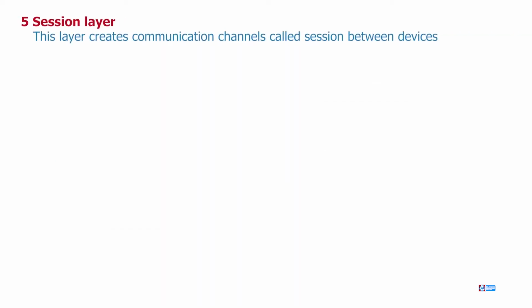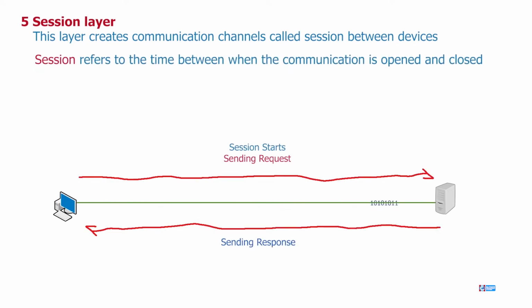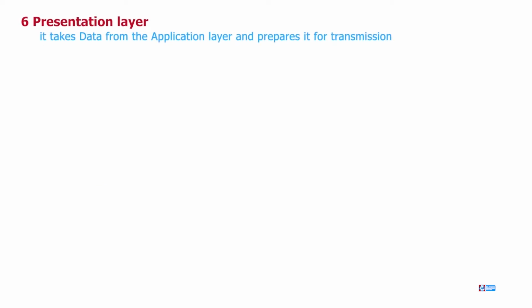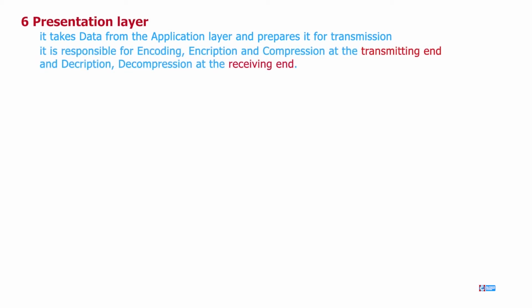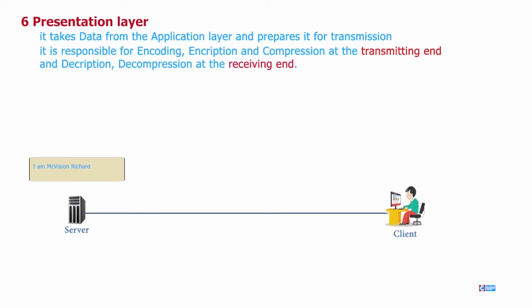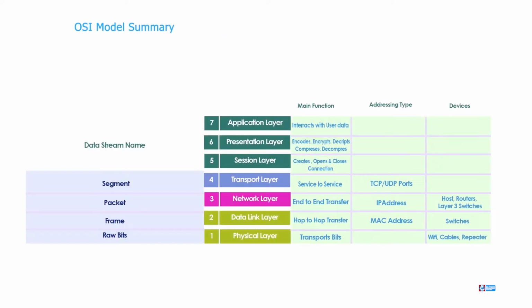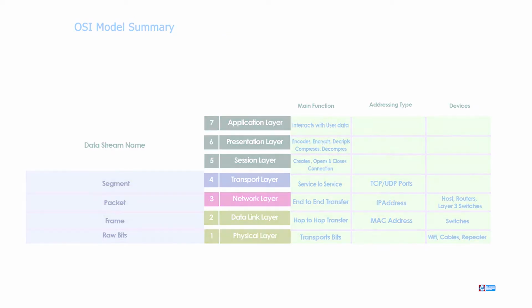Again, we learned that the session layer opens sessions to begin communication and closes them when communication is completed. We also spoke about the presentation layer being responsible for encryption, compression and encoding at the transmitting end, and decryption, decompression and decoding at the receiving end. And lastly, the application layer, which is layer 7. Kindly watch the previous lesson if you have not done so before continuing with this one.